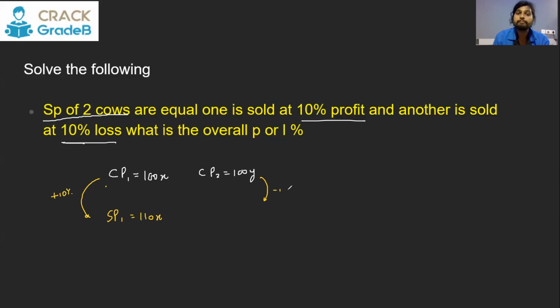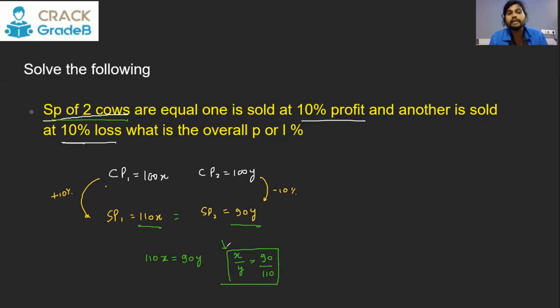Another you are selling at 10% loss, that means you are selling it for 90y. Can I say these two are equal? Yes, because selling prices are equal. So 110x is equal to 90y, that gets us x upon y equal to 90 upon 110.